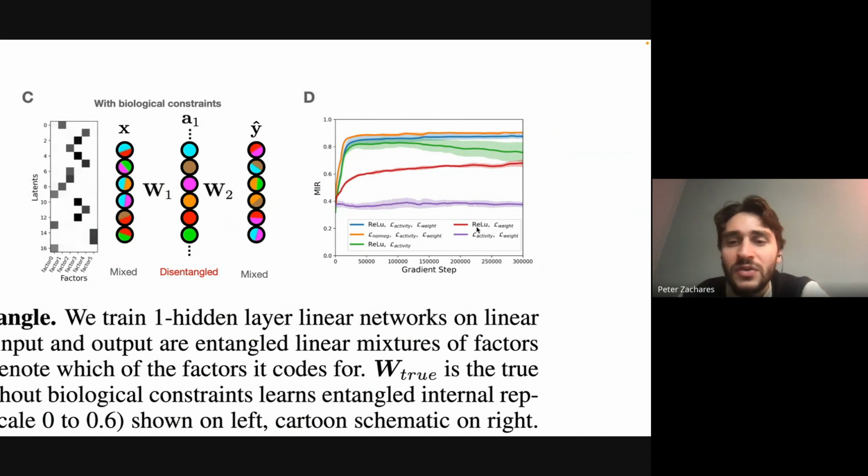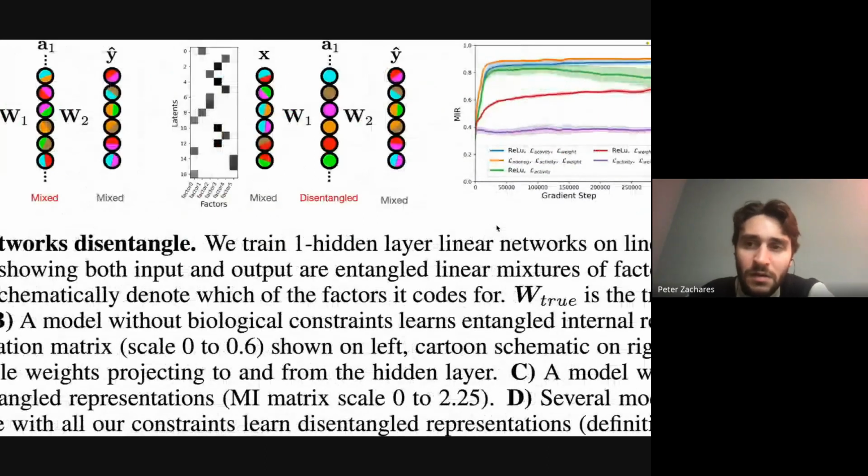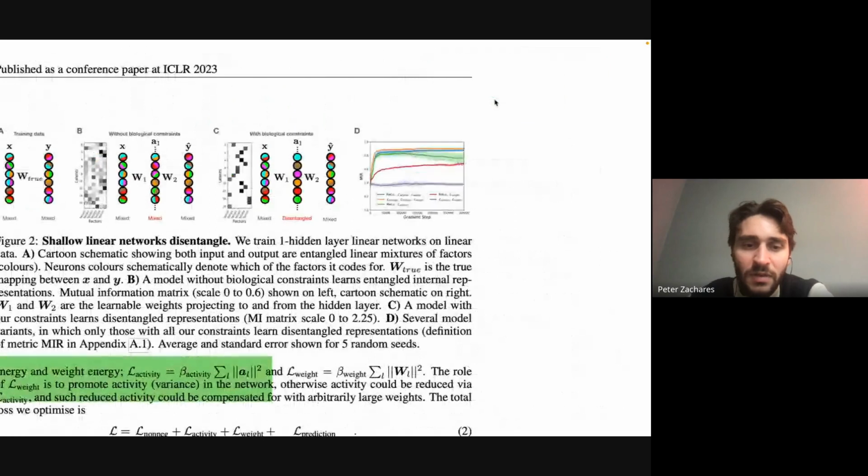The poor performing ones are ablation studies, just showing you what's important. You can see non-negativity is actually quite important, because when it's not enforced, you get the worst results in terms of disentanglement. The second worst one is when you don't enforce energy minimization. So those are the results for a linear model.